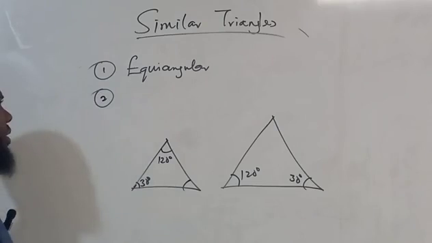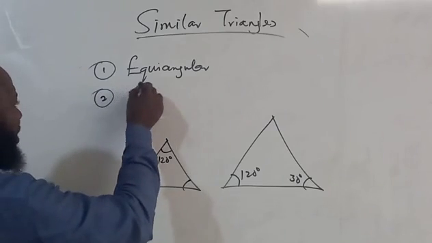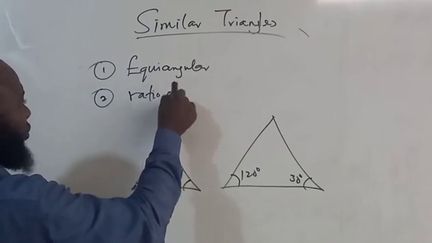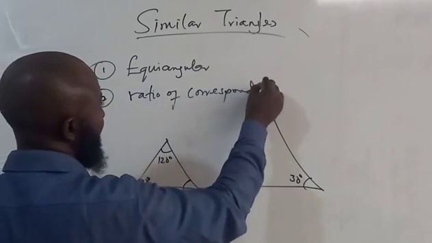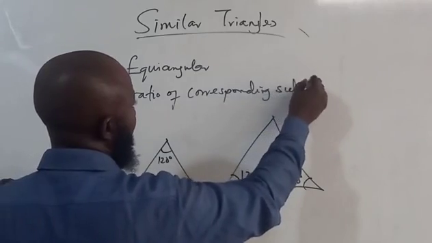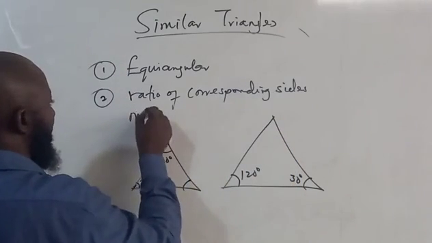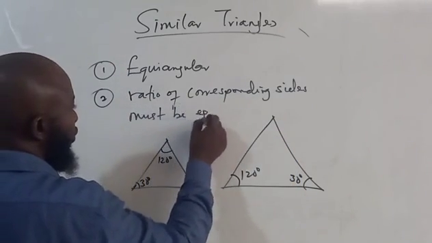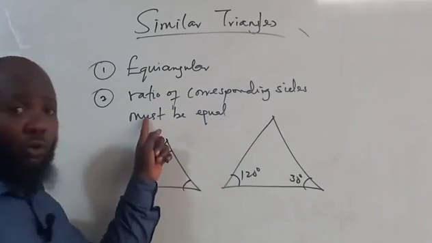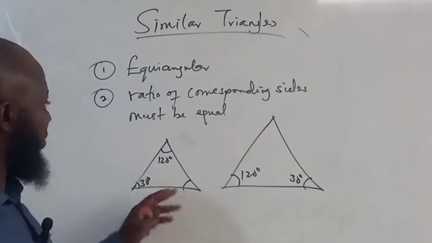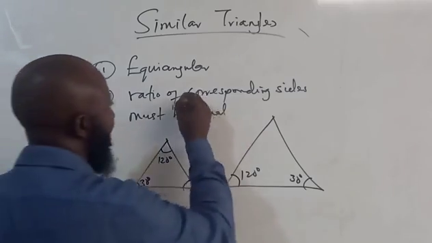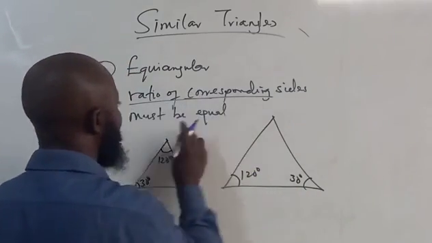The second condition is that the ratio of corresponding sides must be equal. So this is the second condition. We're done with the first one. The second one is that the corresponding sides, the ratio must be equal.